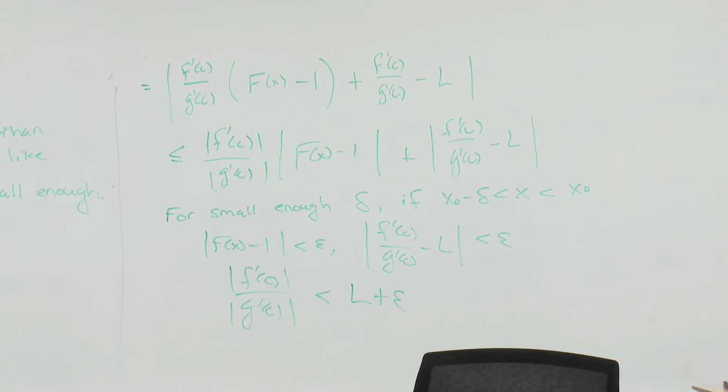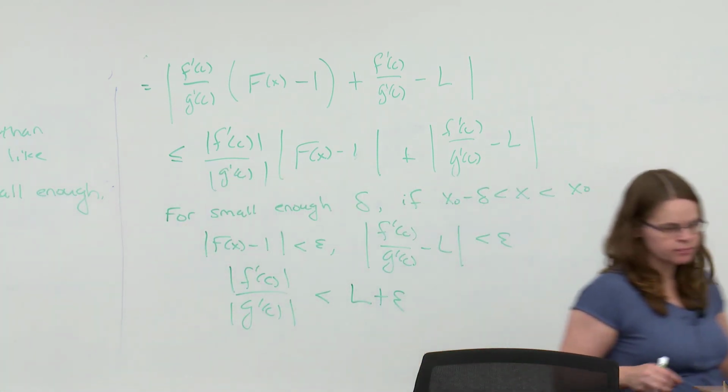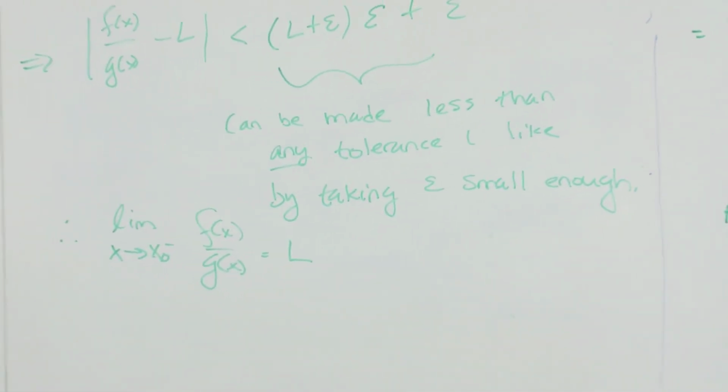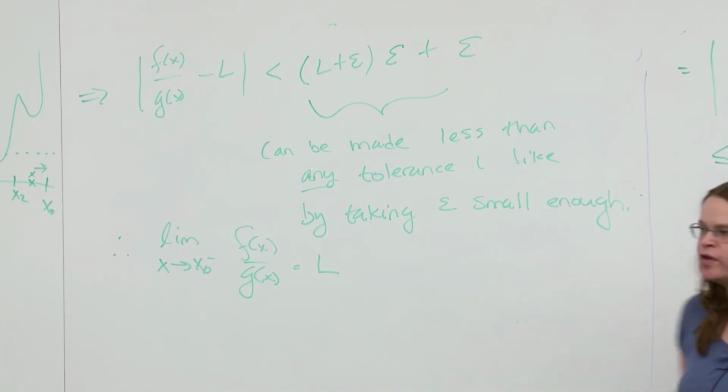So here I can already conclude that the limit as x goes to x naught from the left is equal to L. Okay, so that's the infinity over infinity case.